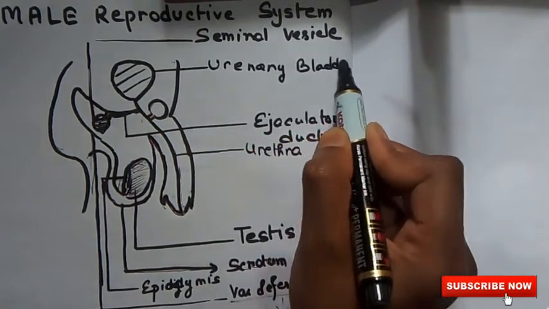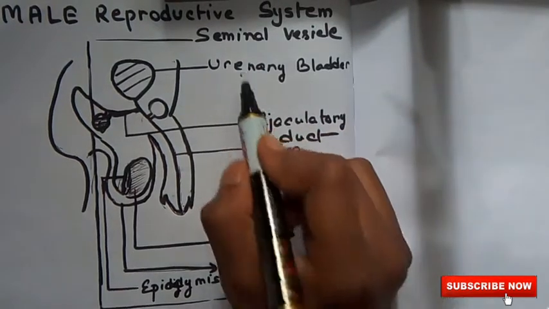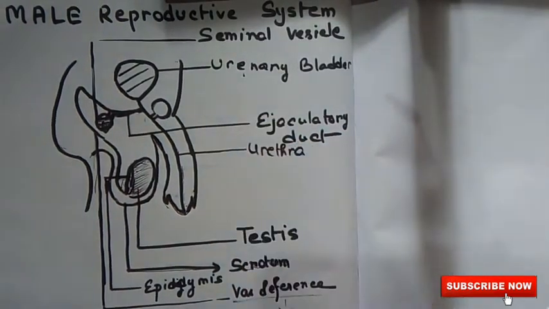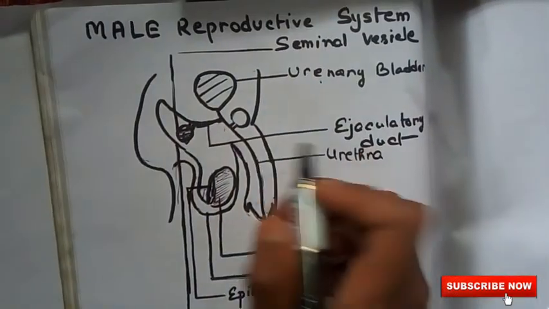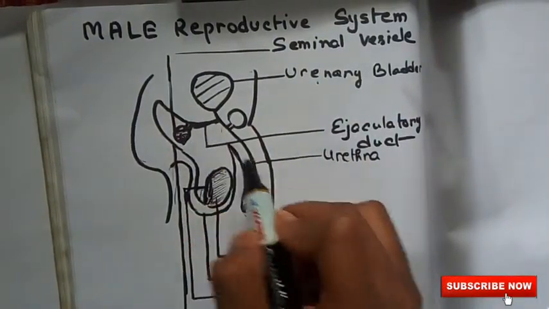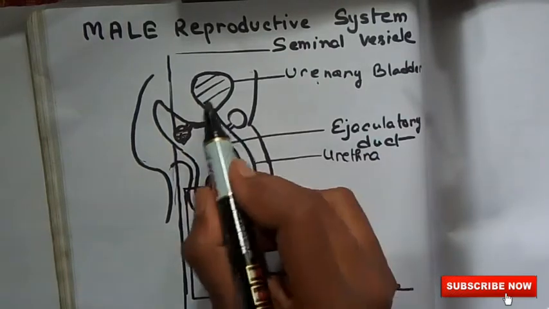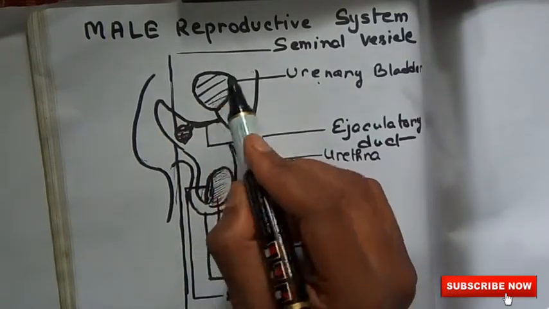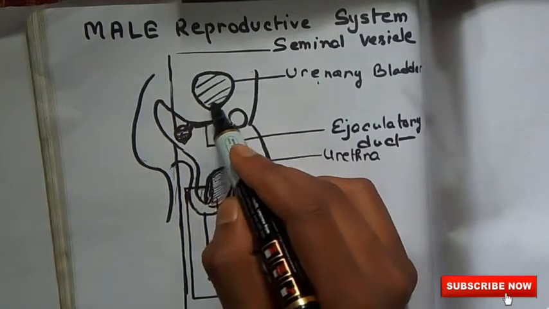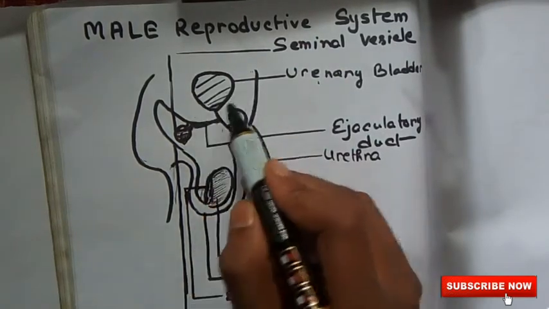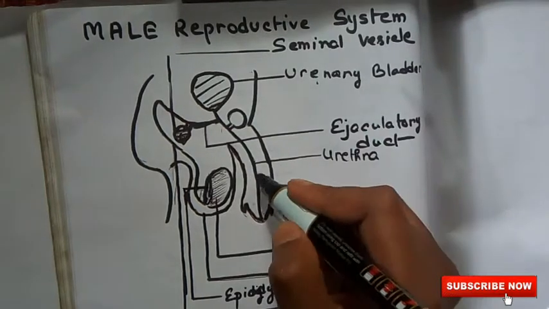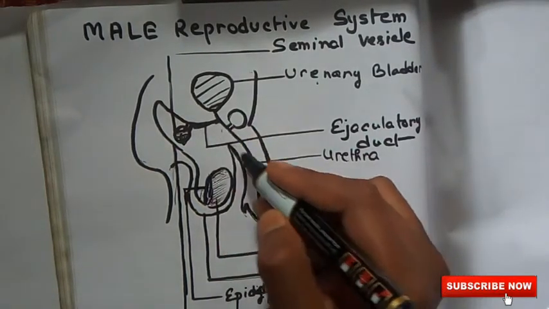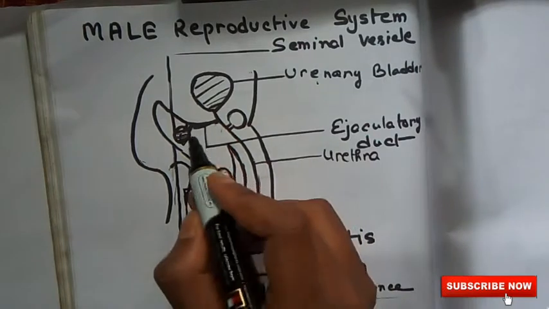The urethra has two functions. Number one, it works as a urinary passage; urine comes through this passage. Also it is a passage for the male gametes or sperm.